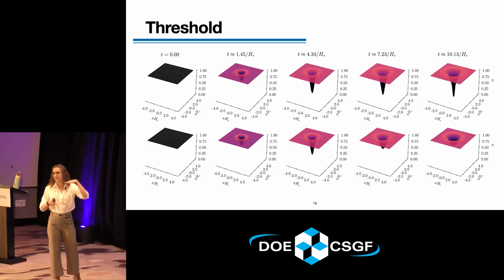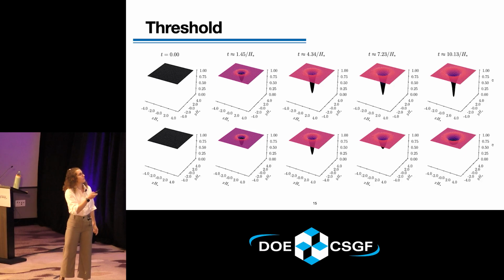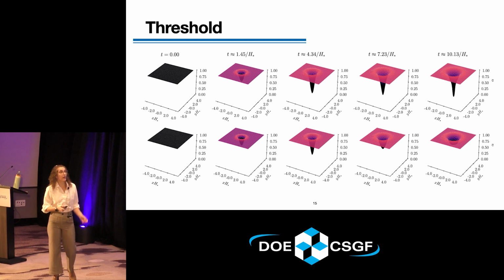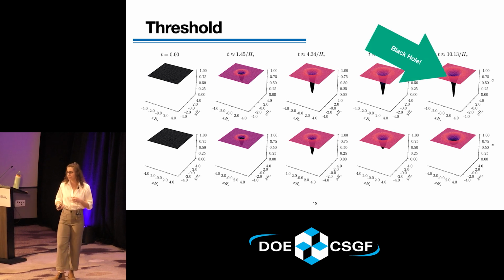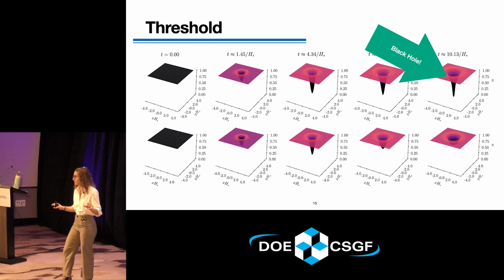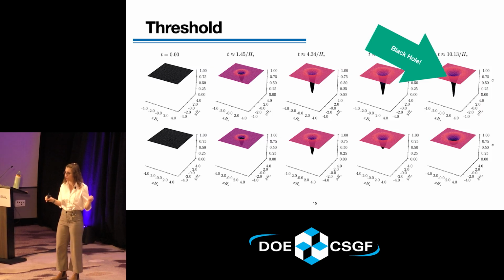And you can see it looks like there's almost nothing there, but the spherical Gaussian is just really small. And then as the simulation continues, that spherical Gaussian grows and grows until you can see this is a singularity forming. And so that is what we'd call a black hole. Now we actually do more rigorous tests to see if we can actually call this a black hole. But for right now, let's just look at that.